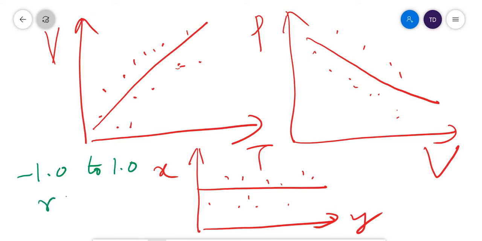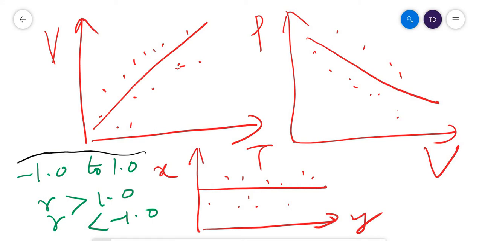If R is greater than 1.0 or R is less than minus 1.0, that means there is an error in your correlation measurement. So the value of R must be between minus 1.0 and 1.0. This is very, very important, and it is the first important point you need to understand.